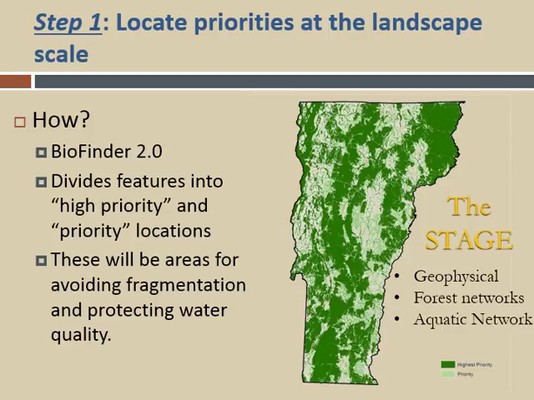So this is really a filter for dividing the landscape into places that are the most important for ecological function before zooming in and looking at individual features of the landscape. Now, you probably noticed that much of the state is covered with these priority areas, and I want to emphasize that these are not areas that are off limits. These are places to manage for ecological function.